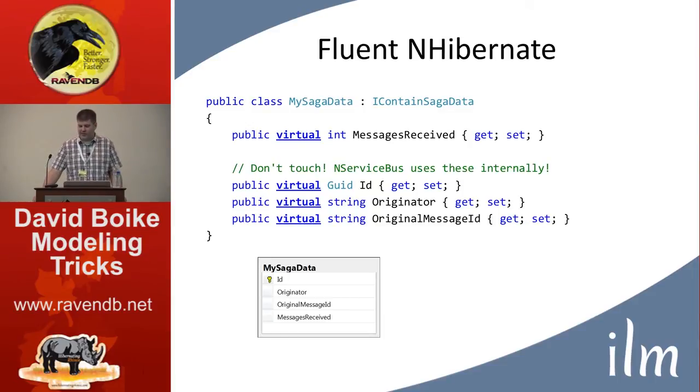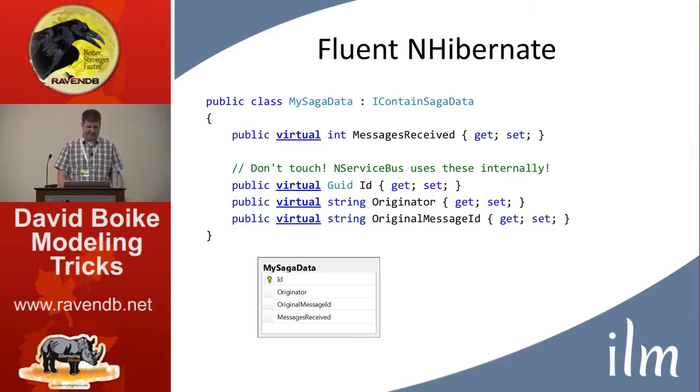Without that, Fluent NHibernate would throw some stupid exception saying that, quote, database was not configured through database method, which led many developers to go, what? Basically, NHibernate needs those because it creates proxies on top of this object, and without a virtual thing to override, it has no way to do any of its stuff. And so, of course, the error message is useless, and it's just bad.